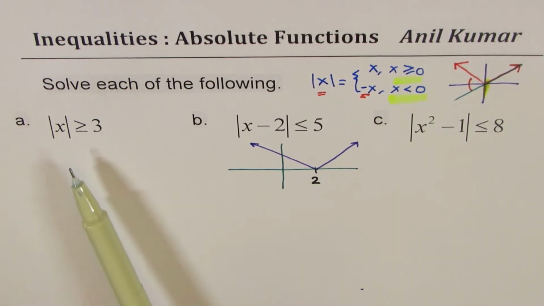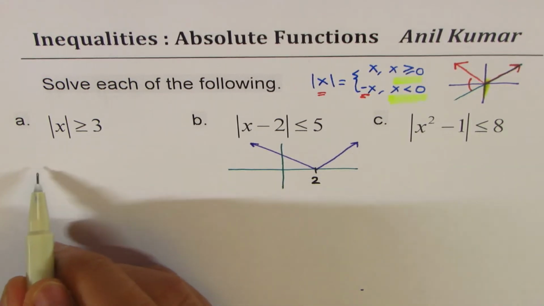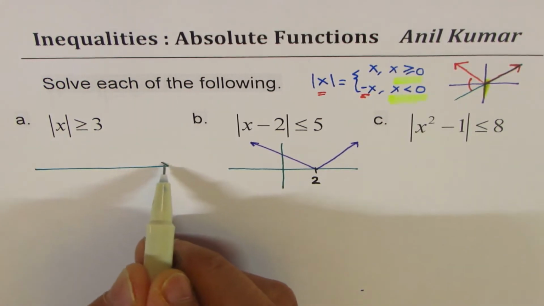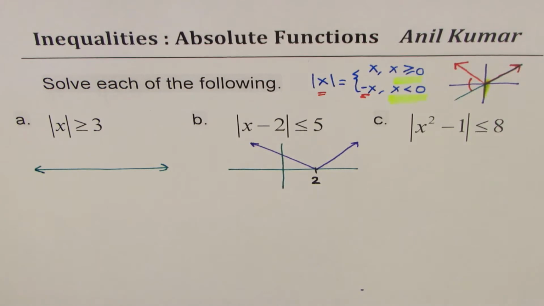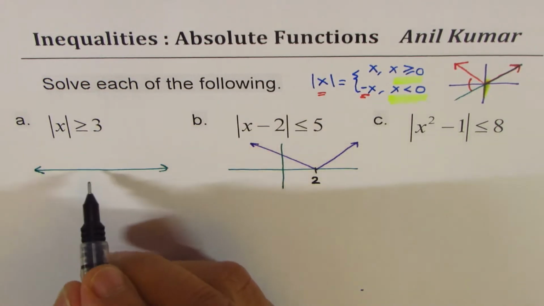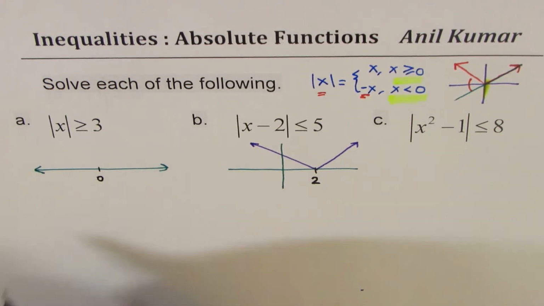Now let me further explore and understand absolute x greater than or equal to 3. What does it really mean? So if I take a number line, so here's the concept. I'm saying absolute x is 0 at 0.